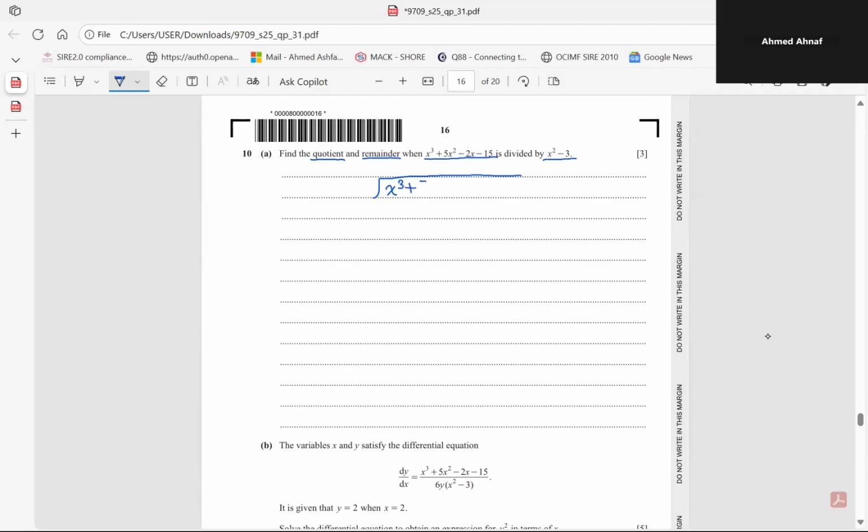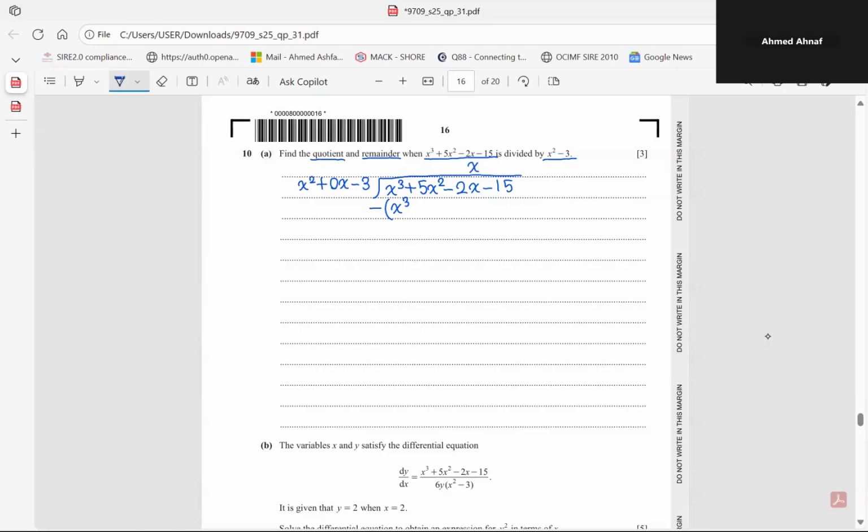So x cubed plus 5x squared minus 2x minus 15 divided by x squared, even though there's no x term, plus 0x minus 3. So let's start. First term would be x cubed, and in order to make x squared into x cubed, we have to multiply by x. So we put x in here.